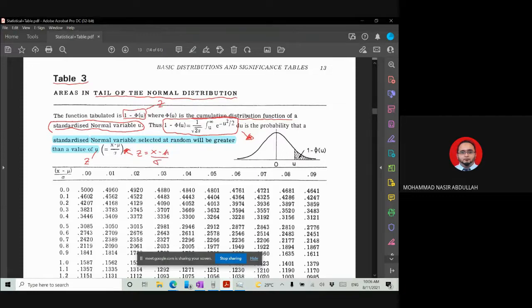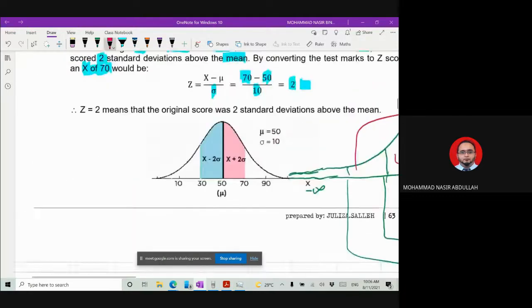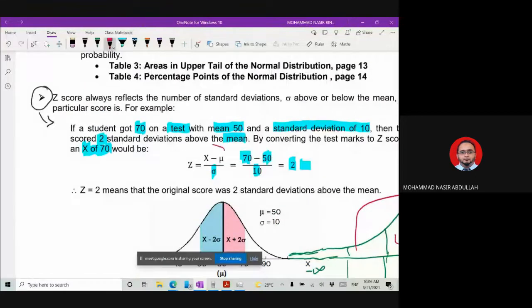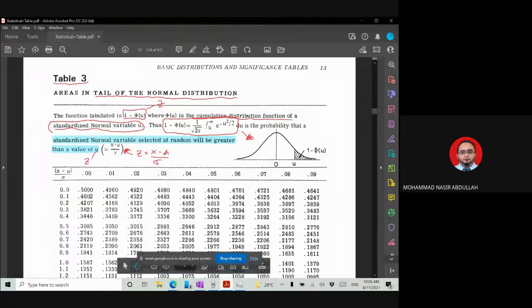This is the formula, as stated in table 3. Can you see the notes?